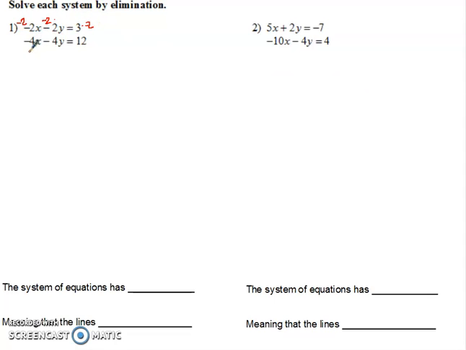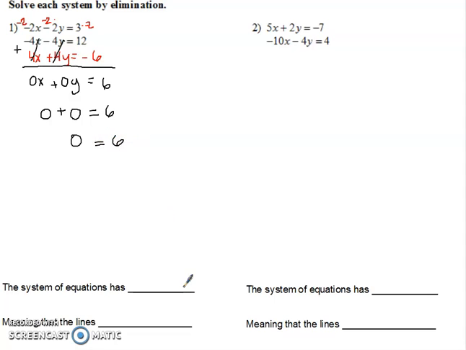So that first equation becomes positive 4x plus 4y is equal to negative 6. So then when I add those two equations together, negative 4x and positive 4x, I've got 0 x's. Negative 4y plus 4y gives me 0 y's is equal to 12 minus 6 is 6. 0 times x is 0, 0 times y is 0 is equal to 6, so 0 is equal to 6.